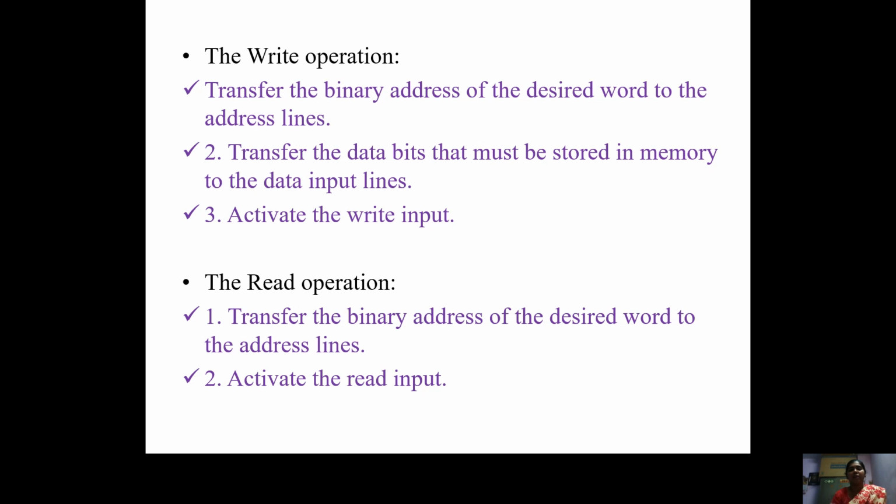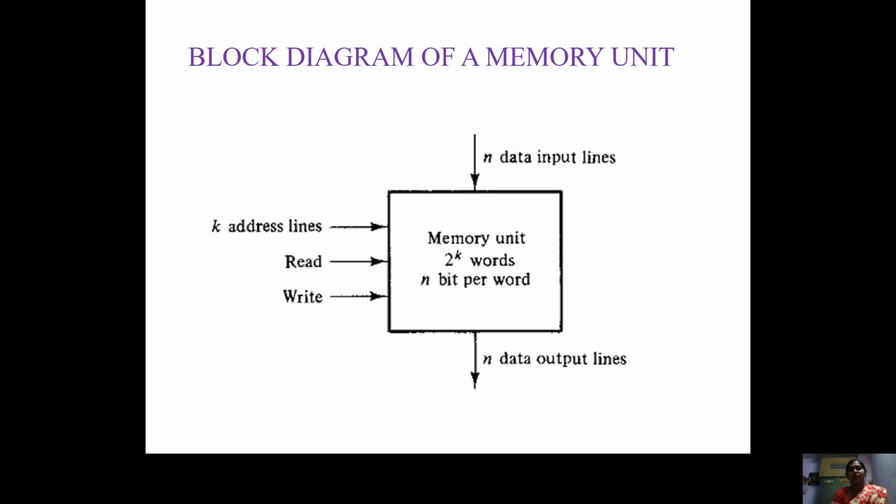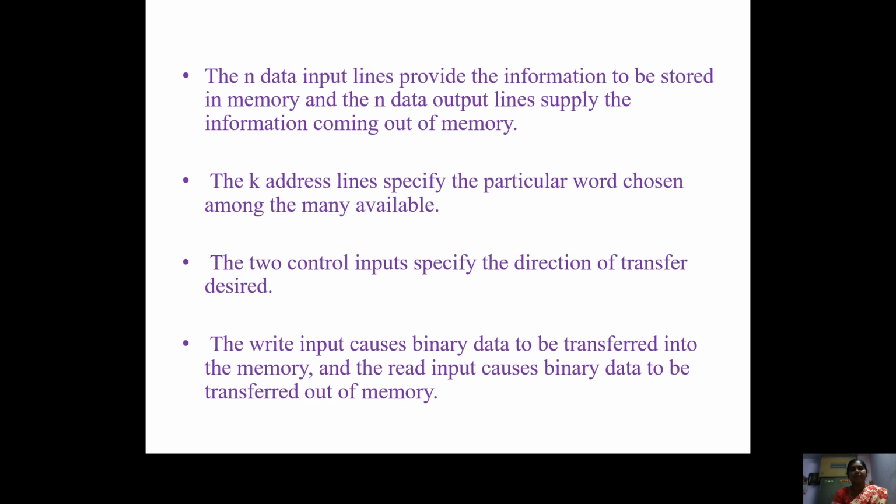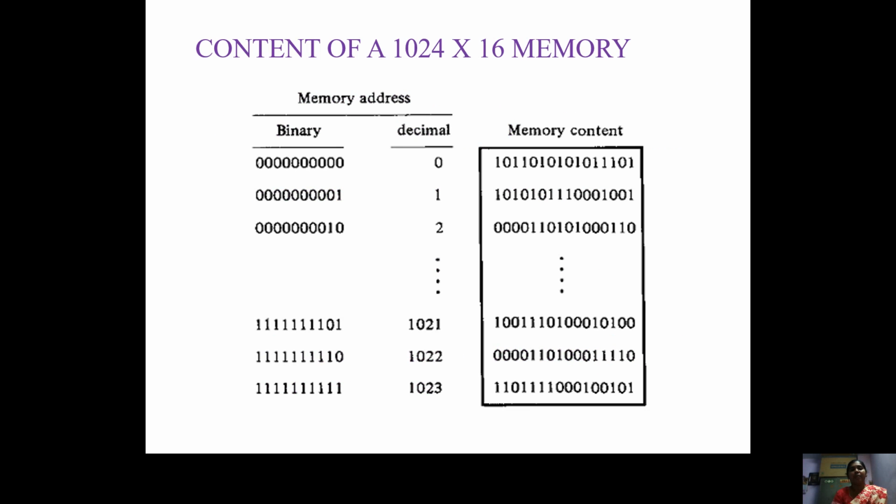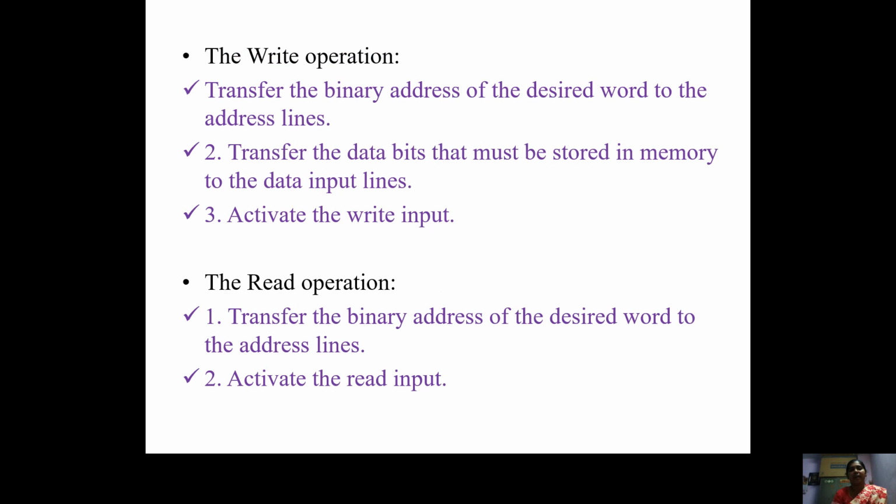After that, we have to transfer the data bits that must be stored in the memory to the n data input lines available in the block diagram. On these lines we specify the information to be written at a particular address. Then we have to enable the write input, and the writing operation will be done.